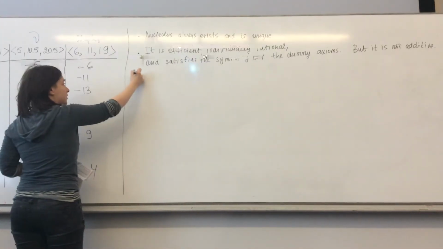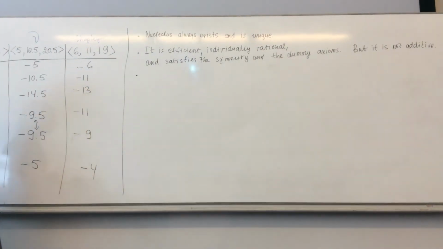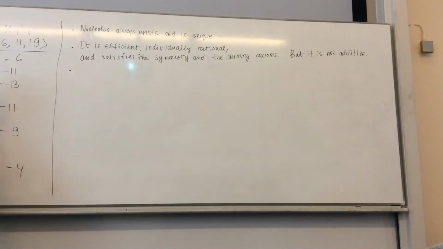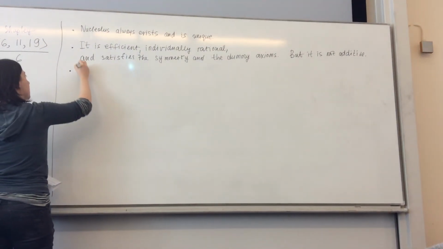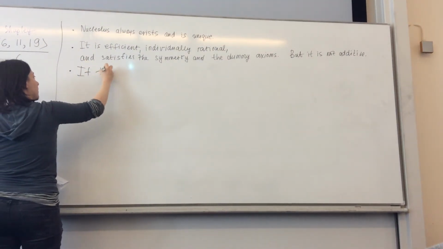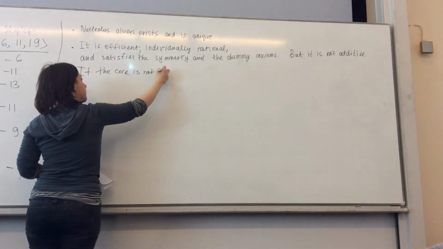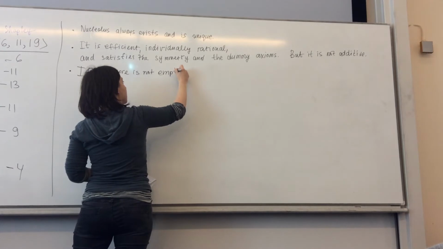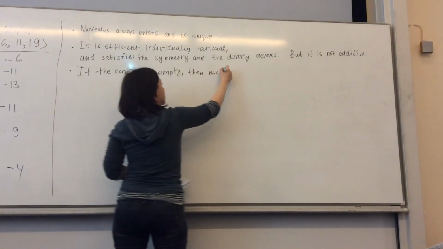However, as opposed to the Shapley value, which is not always stable, if the core of the game is not empty, then the nucleolus would be a member of the core.